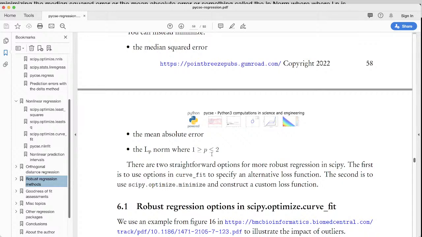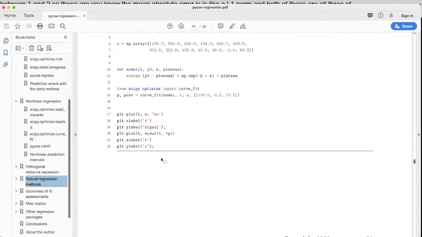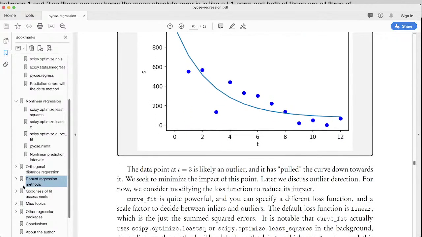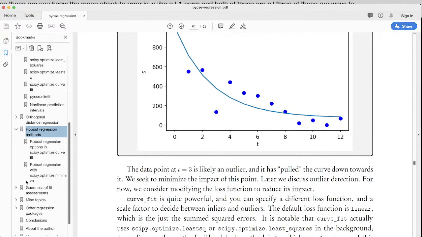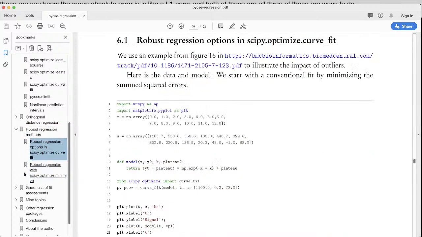So the mean absolute error is like an L1 norm, and all three of these are ways to do it. And so I show some examples of how to do robust regression in here, using curve fit and using minimize. And they're all great ways to reduce the impact of outliers.